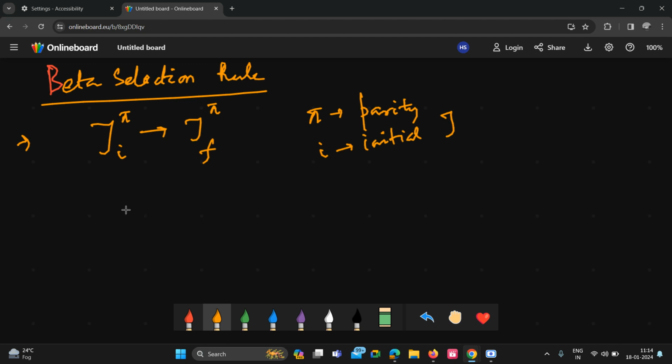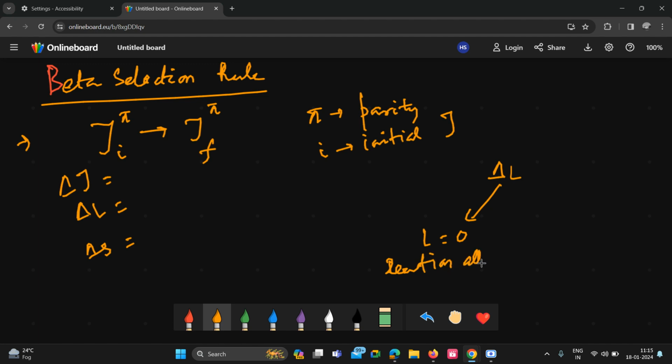So how do we decide it? We have to take the L values, S values, and also J values. For L value 0, the reaction will be allowed.